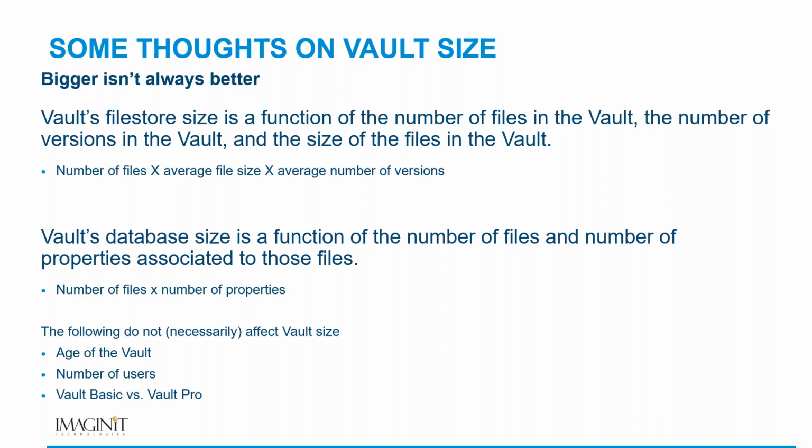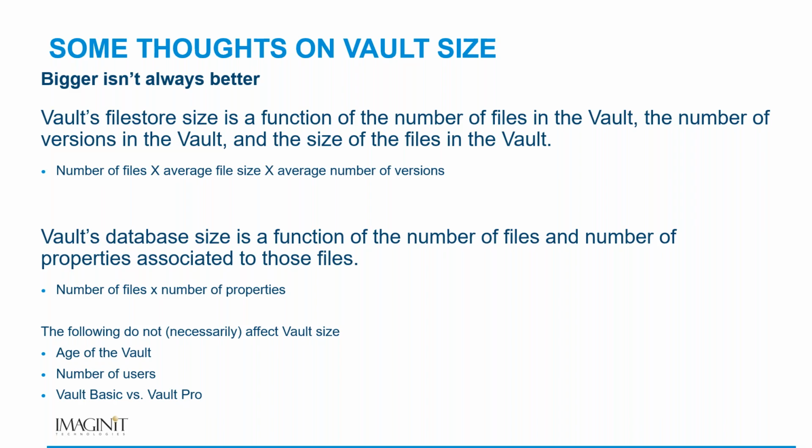If I've got 10 things I'm tracking in Vault, and each one is 1 gig, great, it's 10 gig. It's an easy number. But then they have 10 versions each. Now we're at 100 gig. That's how the file store size grows: what do I have in Vault, average file size, average number of versions.